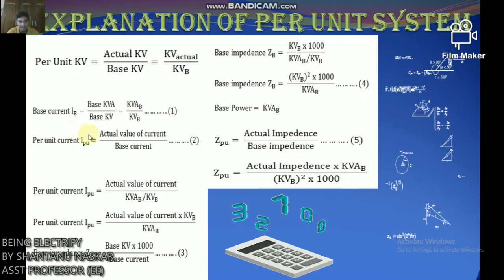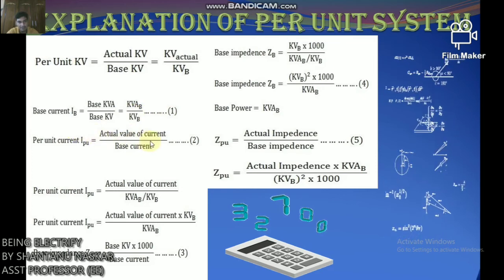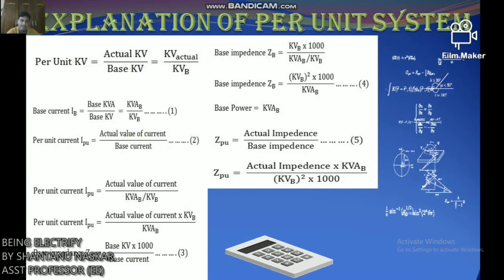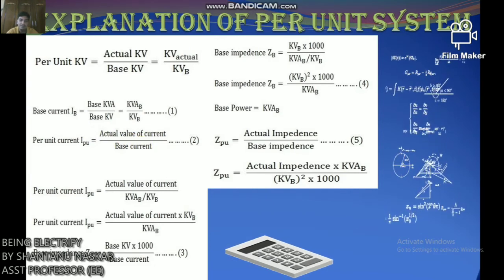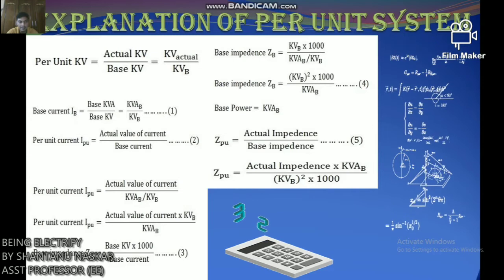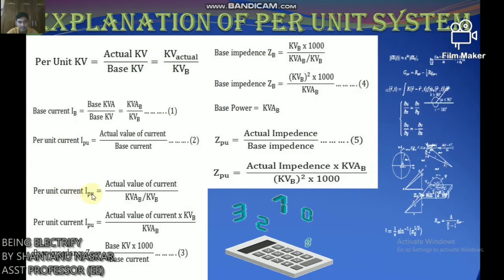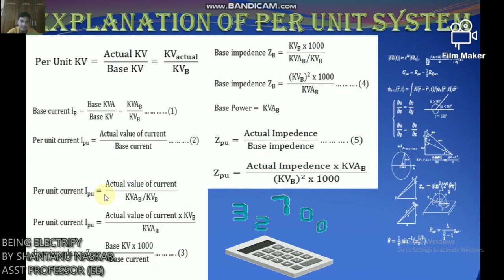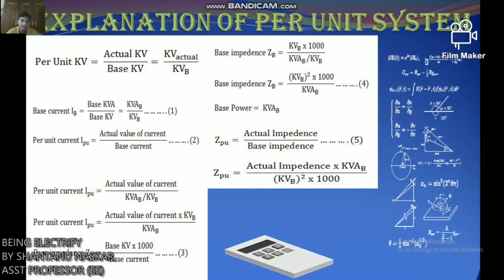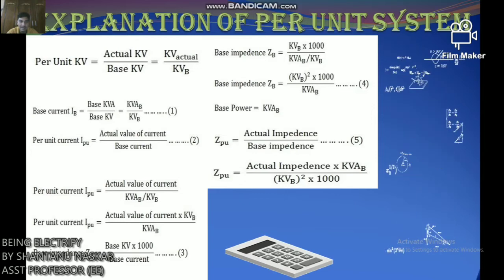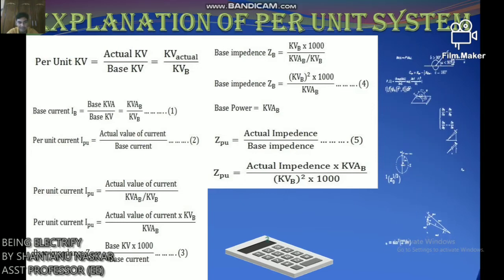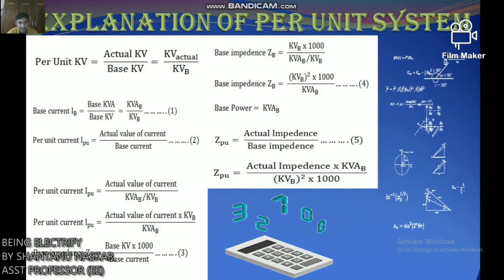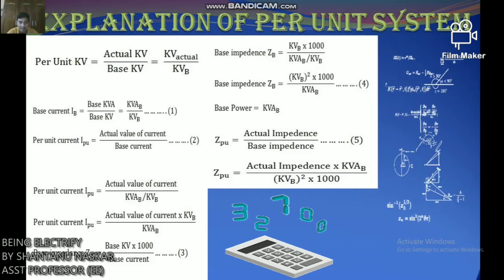Now per unit current IPU equals the actual value of current by base current, equation 2. Putting the value of base current from equation 1 in equation 2, we get per unit current IPU equals actual value of current by kVAB by kVB, and per unit current IPU can also be written as actual value of current in amperes into kVB by kVAB.